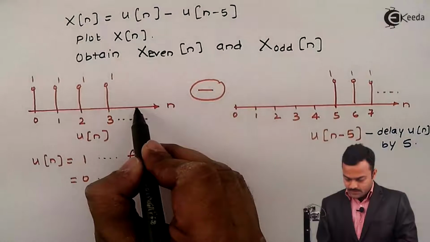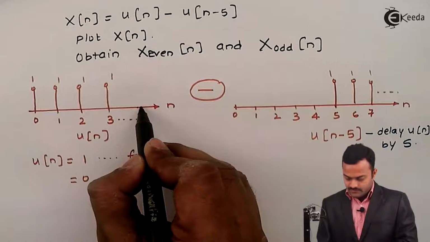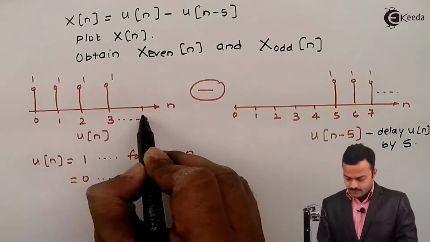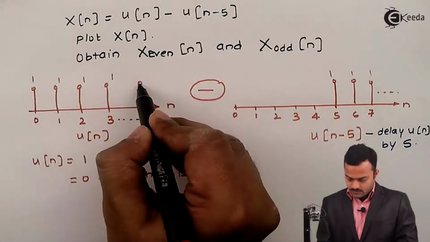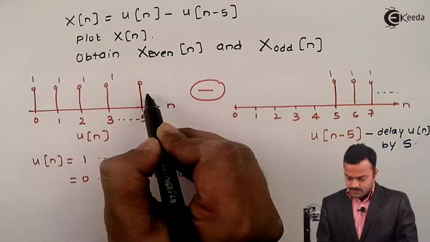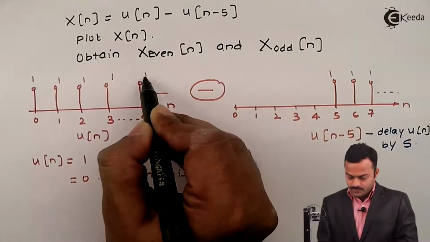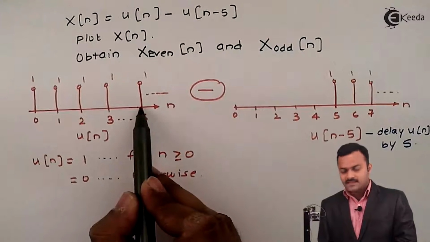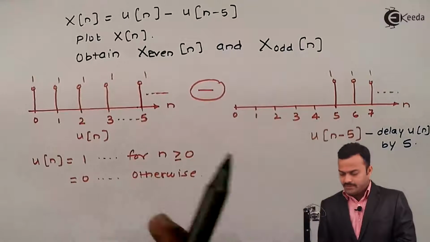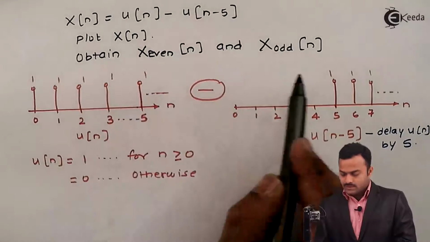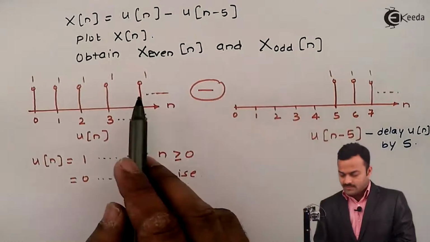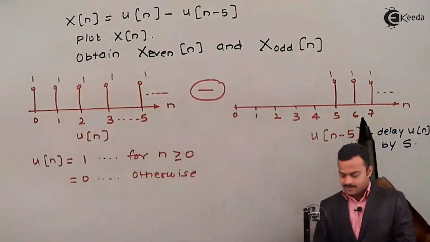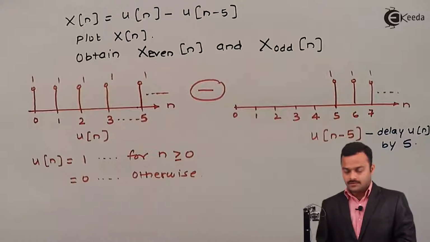That means, suppose somewhere here we are having 5. It also continues till infinity, meaning if I subtract from the instant 5 till infinity, both the signals are having the value 1, and if I subtract, I will get the answer as 0.